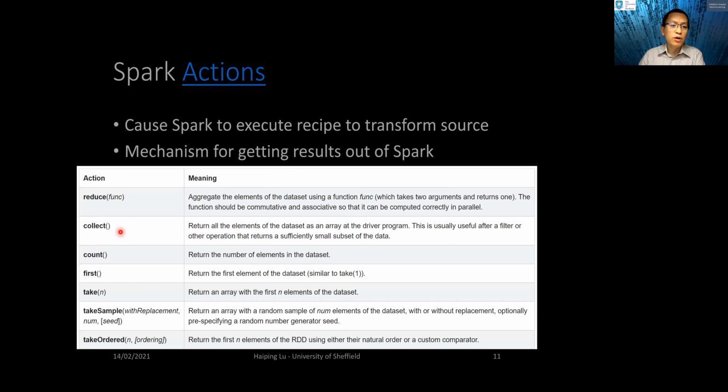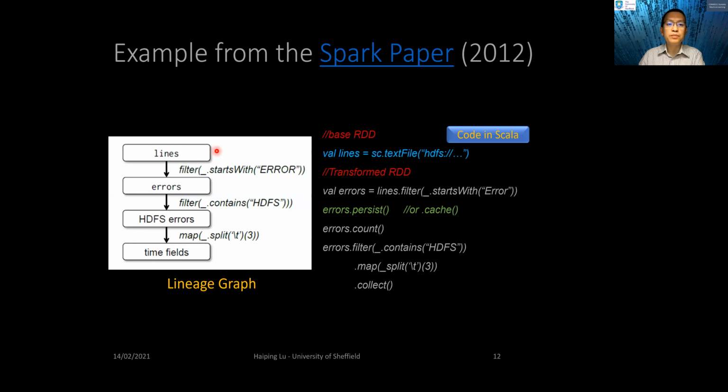Let us look at another example, from the Spark paper, the paper from UC Berkeley published in 2012, so it was invented almost 10 years ago. Here is a figure in the paper, called a lineage graph.